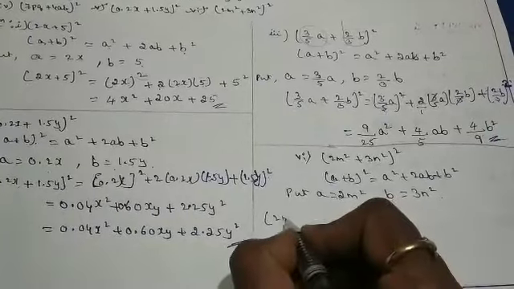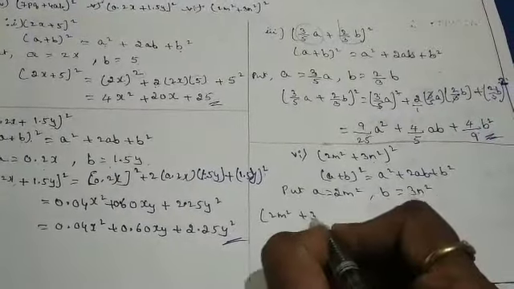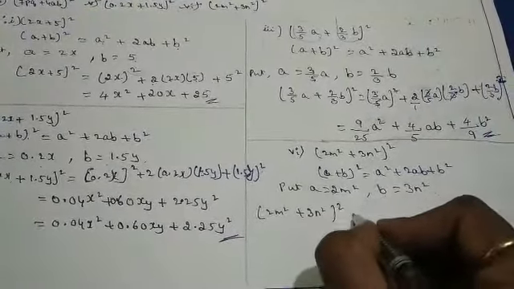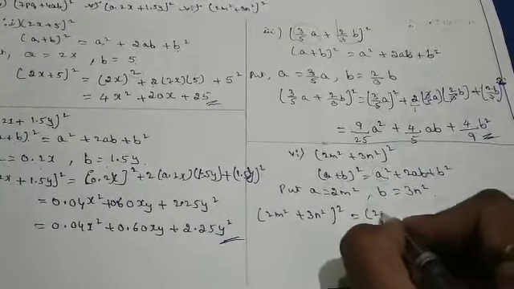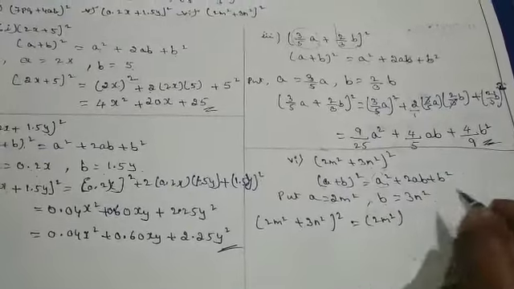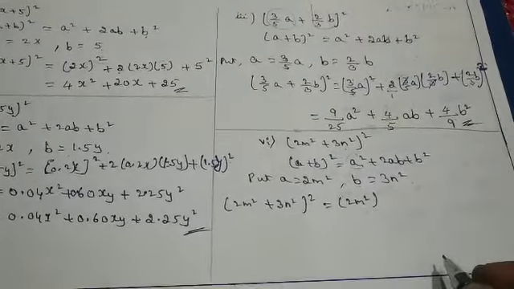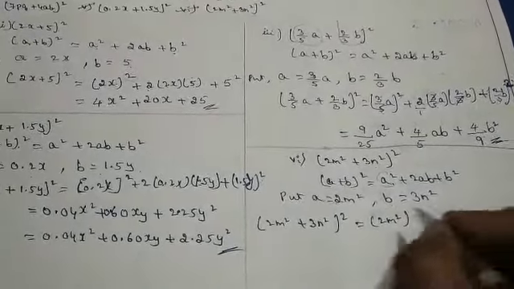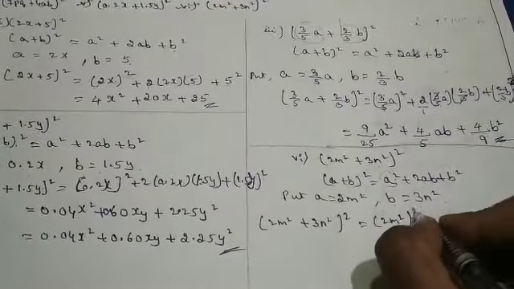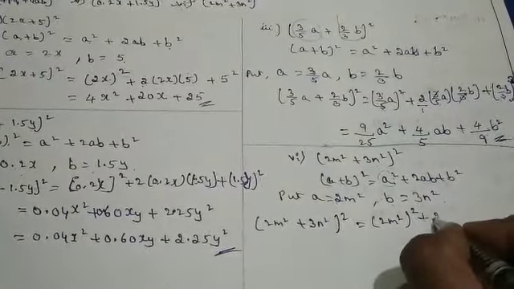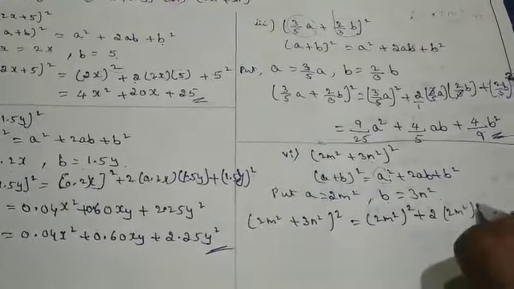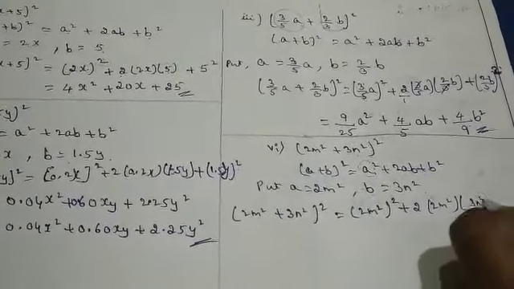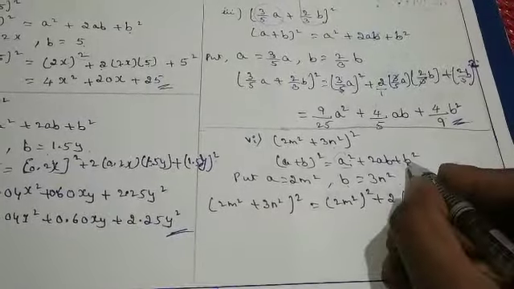Now substitute this a and b value in the identity. You'll get (2m square plus 3n square) whole square is nothing but the value of a, 2m square. Whenever you are substituting the value of the variable, please put it within a bracket, and keep the square outside, plus 2, and the value of a is 2m square, and the value of b is 3n square, plus the last term b square.